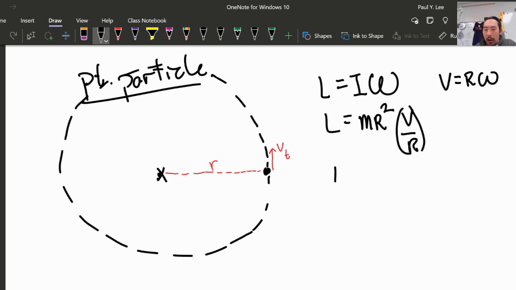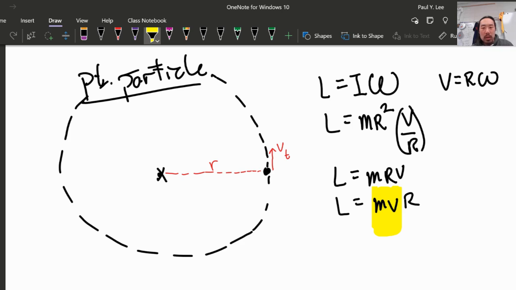Through algebra, this turns into mrv, but for the sake of our discussion, I'm going to rearrange those variables to get mv times r. You can see here that we have translational momentum in the rotational momentum formula. So rotational momentum is equal to the translational momentum times the distance away from the axis of rotation.